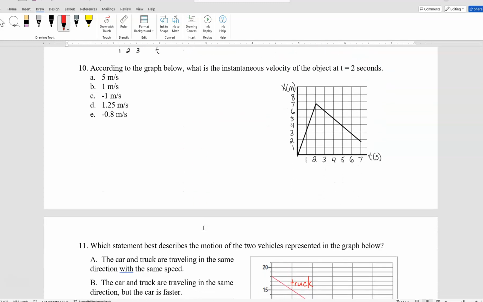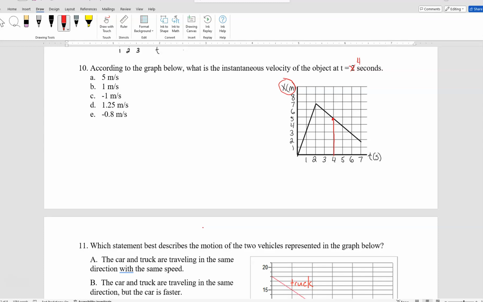Number 10, instantaneous velocity at t equals, I think I had you guys change that to 4 seconds, so the problem would work out okay. Instantaneous velocity means the speed right now. I am looking at a position versus time graph, and I have to get the slope at t equals 4 seconds. So the slope of a position versus time graph tells me the velocity.